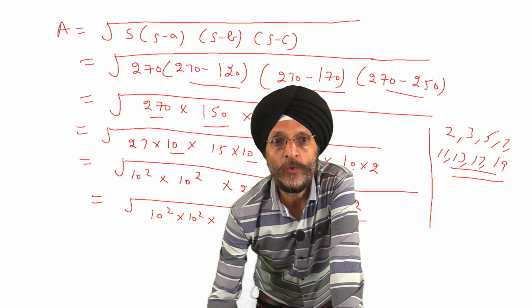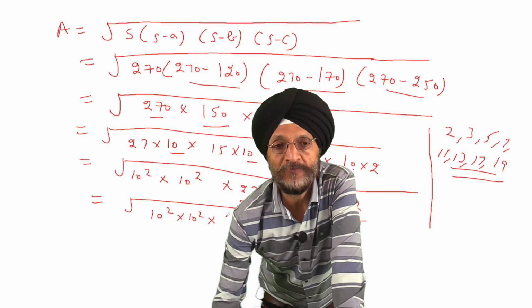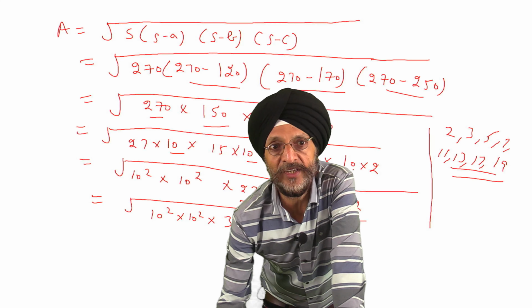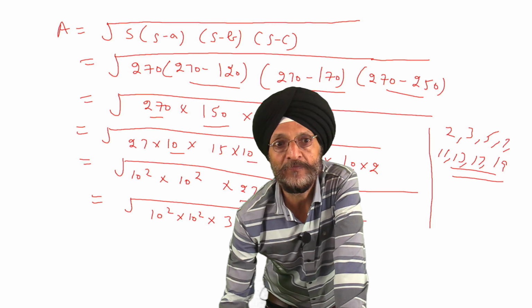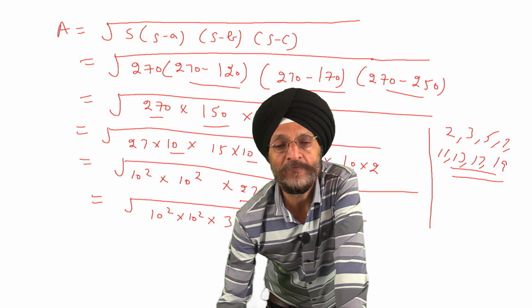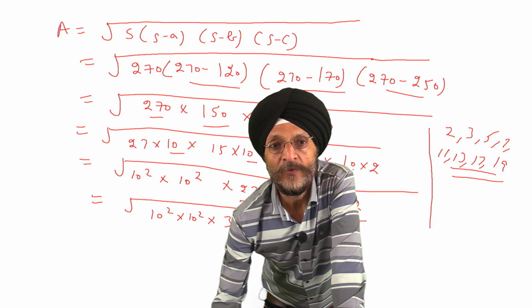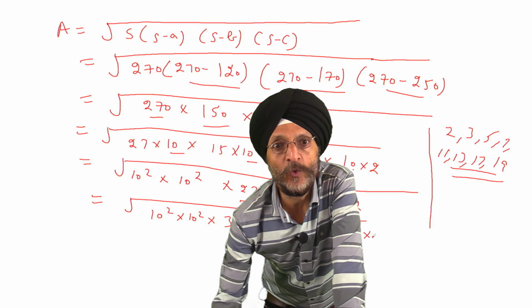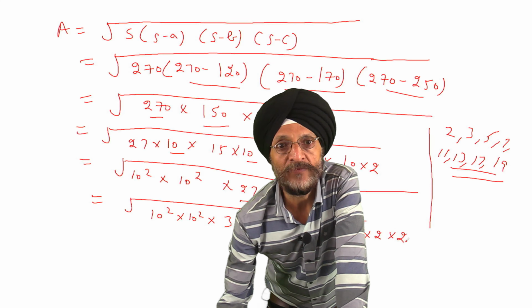So we will do the prime factorization of 27. It can be written as 3 into 3 into 3. We can write 15 as 5 into 3. 10 can be written as 5 into 2, then 2.